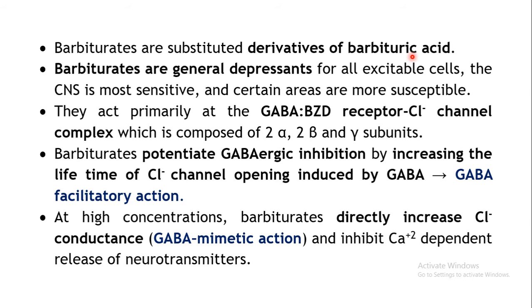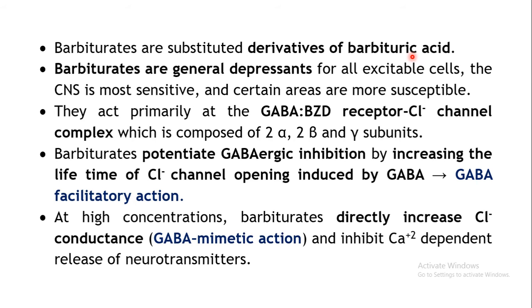Many substitutions were done, and drugs with ideal properties, having mostly action on the CNS, were introduced. So many derivatives came into the picture with different groups substituted on the barbituric acid, and several agents were discovered.